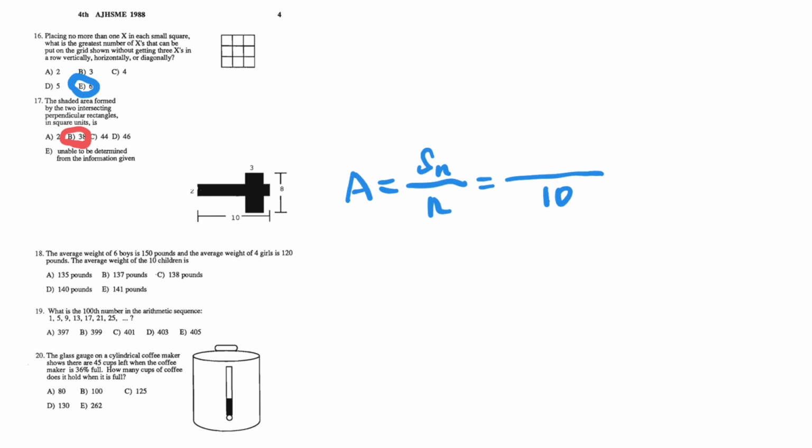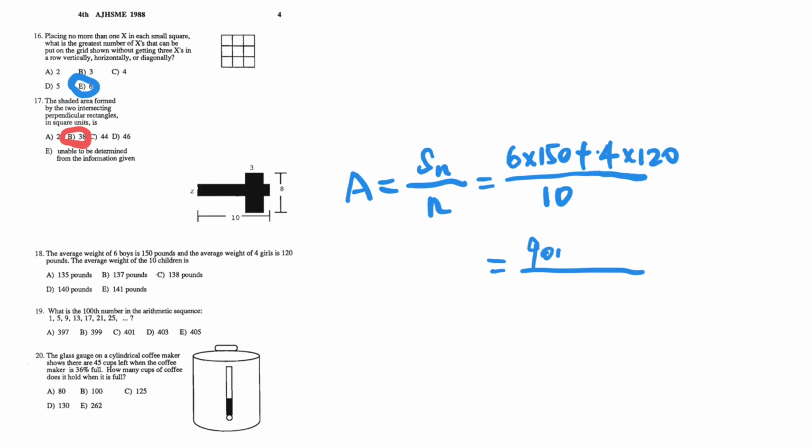The sum is the 6 boys' average 150 times 6, plus the 4 girls' average, so we use 4 times 120.